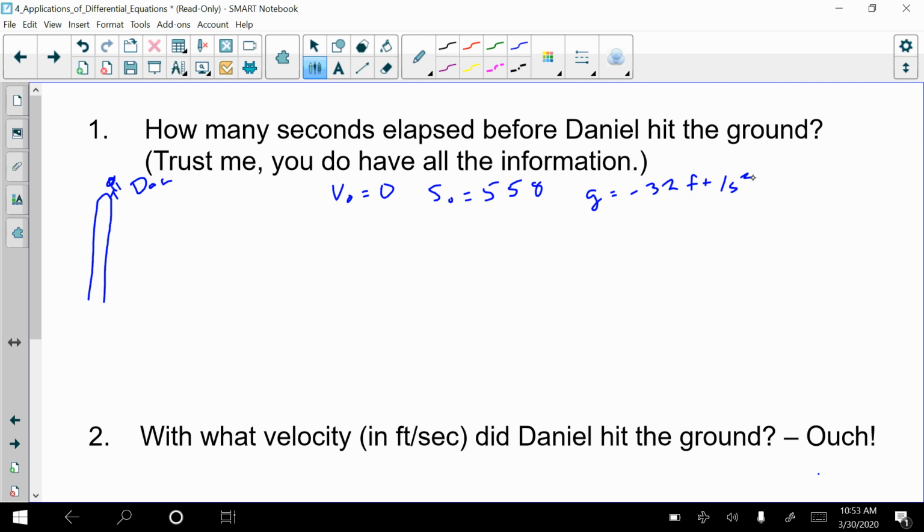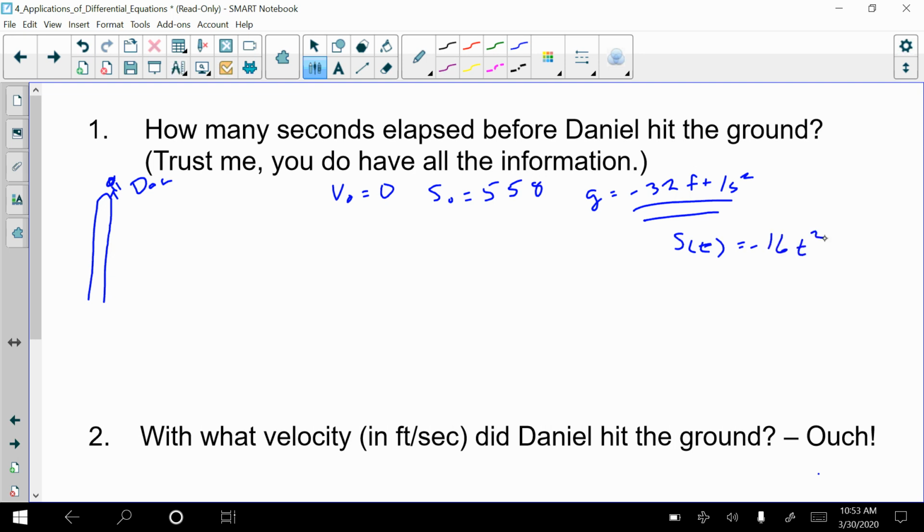Now, you can really bypass, if you wanted to, the actual calculus. Because we have negative 32 feet per second squared, we could start off by saying we have this position function, s of t, which should be negative 16 t squared.